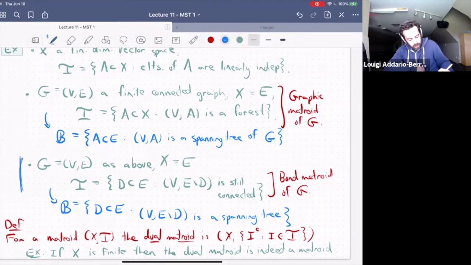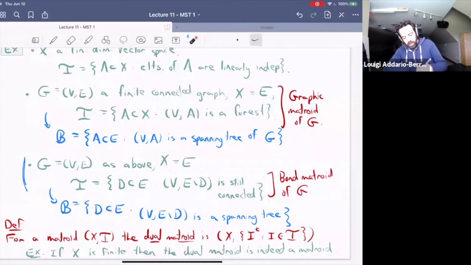exercise in here, which you could prove by proving the general exercise that dual matroids are always matroids. That would in particular establish that the bond matroid is a matroid, because the structure is clearly dual to the graphic matroid.